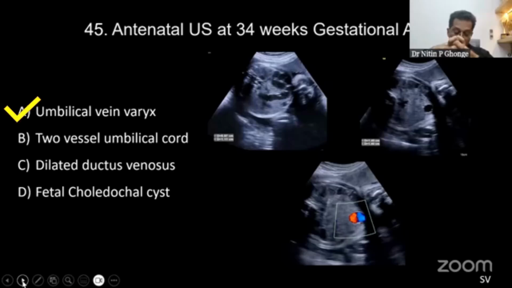Here it's typical of umbilical vein aneurysm which should be more than 8 millimeter and is double the normal umbilical vein.